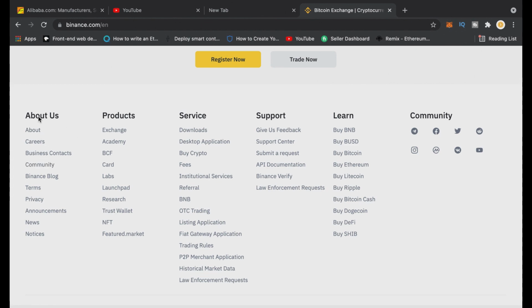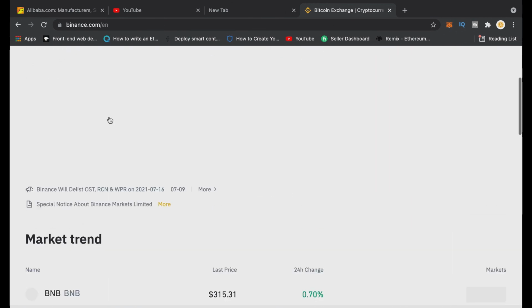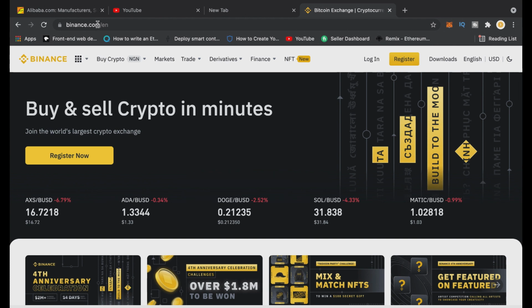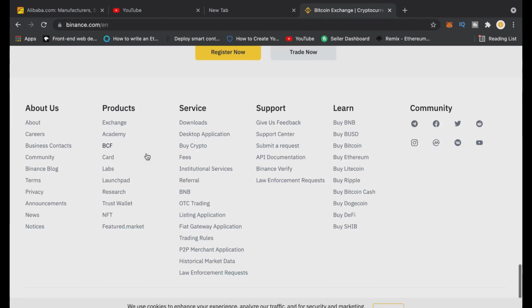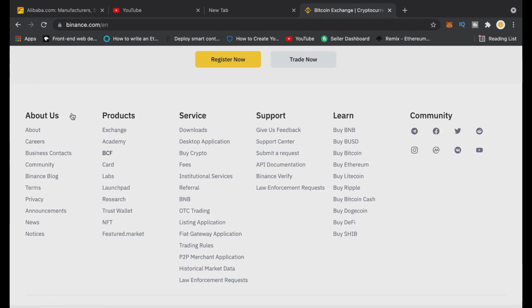once you come to Binance.com, you just go to the footer side of the site. On here you will see About Us, where they tell you about the site and what they do. Under Careers, they talk about some of the careers and professions they help people with.